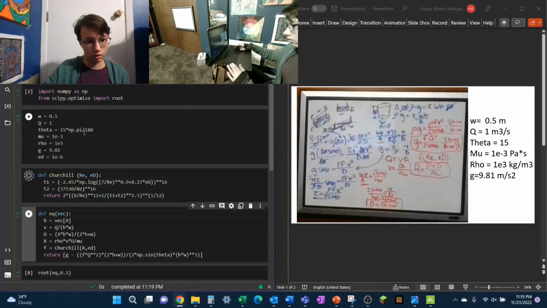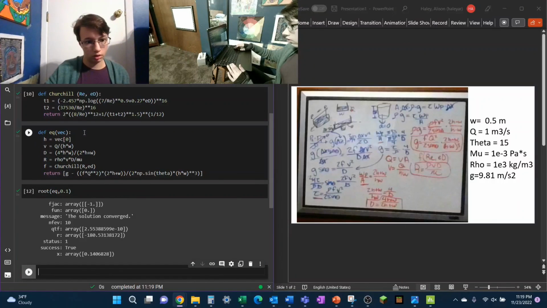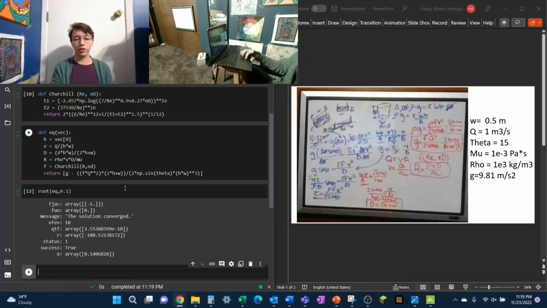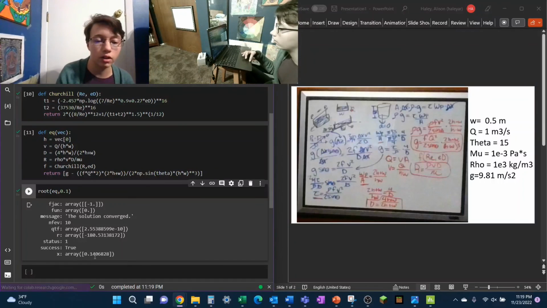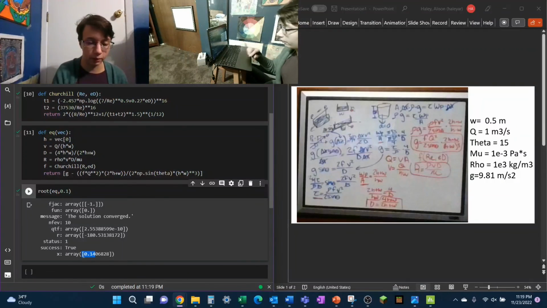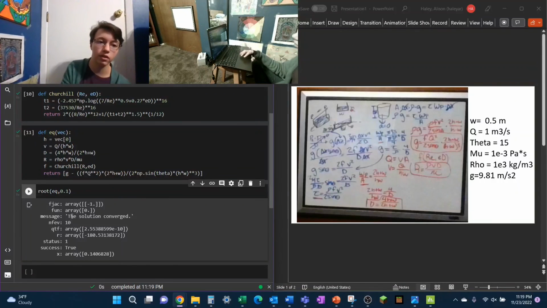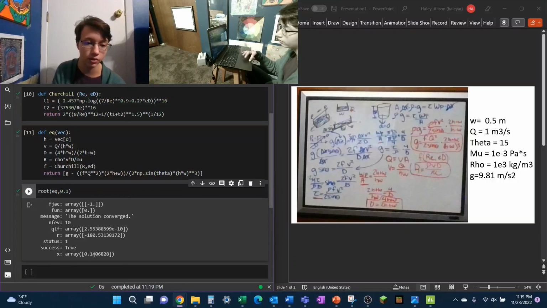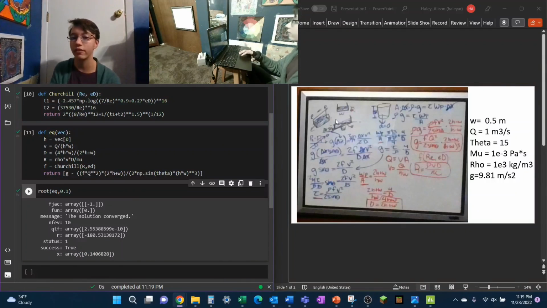That should do it. Alright, so now we're getting a value that is about 0.14, which is about what I was expecting it to be. So yeah, this is how we would solve for the height. So this value right here is the height of the liquid within our channel.